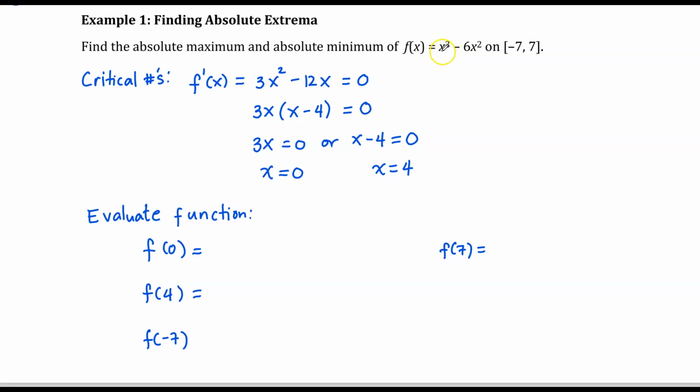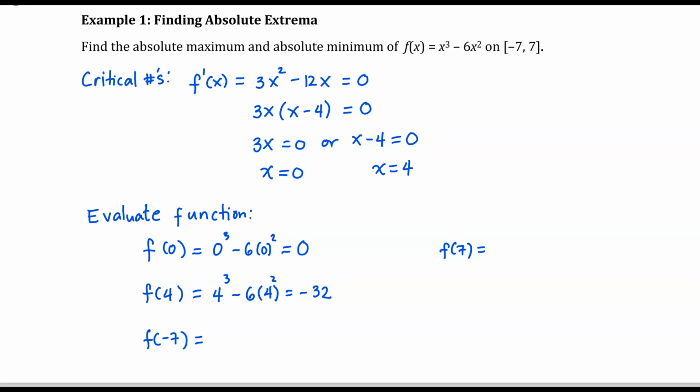F at 0, when x is equal to 0, we have 0 cubed minus 6 times 0 squared, and that is equal to 0. Now when x is equal to 4, you have 4 cubed minus 6 times 4 squared. And then you plug that into your calculator. And this is equal to negative 32.